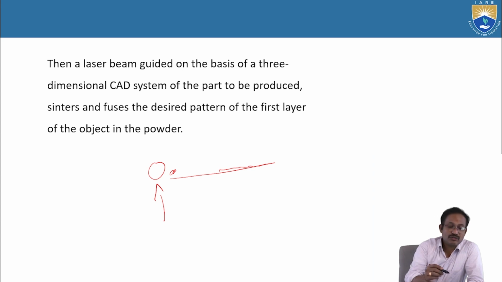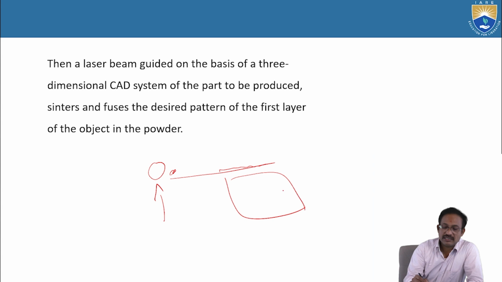A laser beam is guided on the basis of a three-dimensional CAD system of the part to be produced. What is the input to this? The computer aided design model. Later it sinters and fuses the desired pattern of the first layer of the object in the powder.